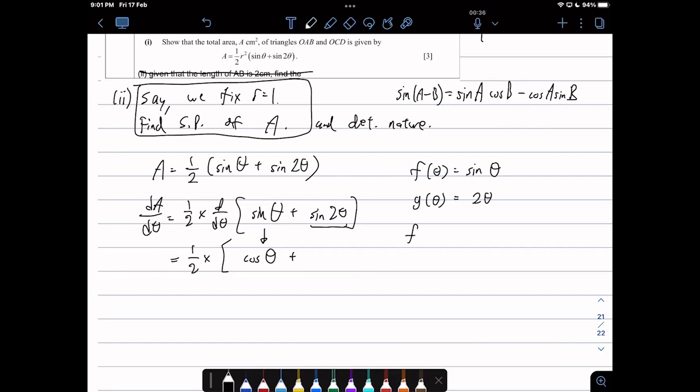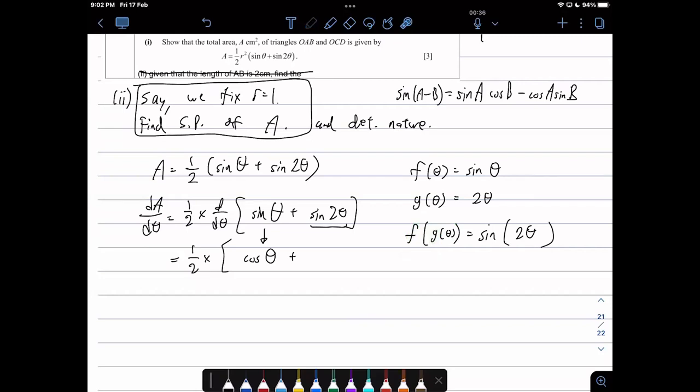What we are doing is f of g of theta. We're compositing the function. F is outside, so sine of whatever, and the whatever gets replaced with g of theta, in this case 2 theta. So there's a composition going on, a chain of functions.